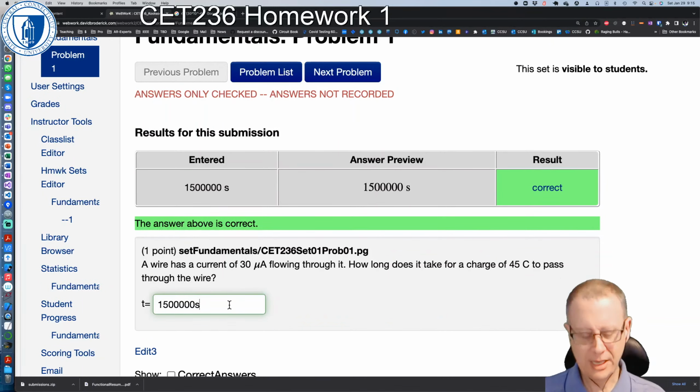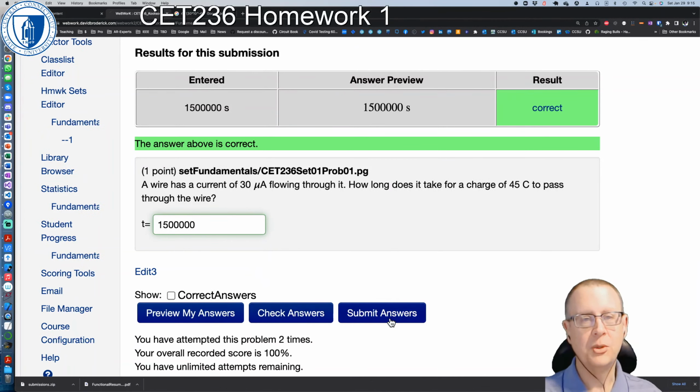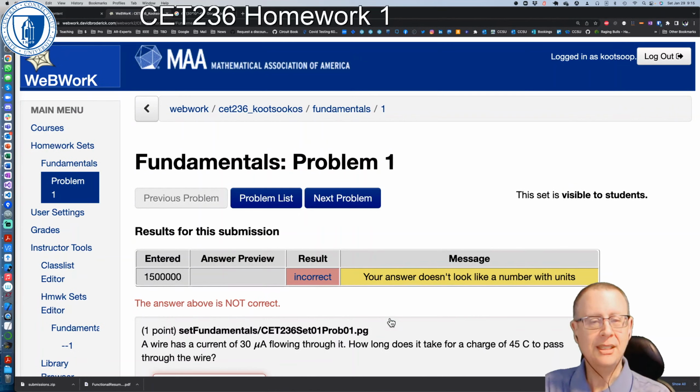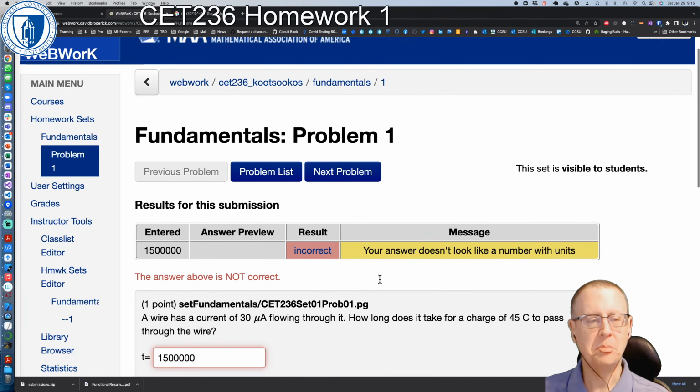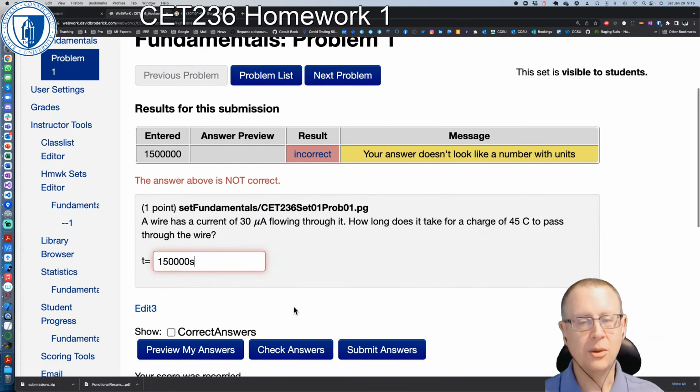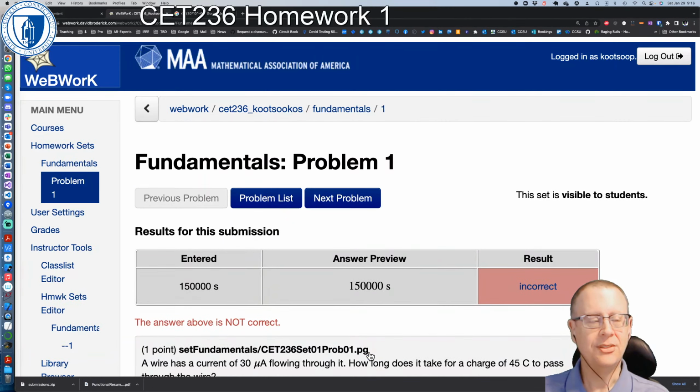All right, let's just see what happens if I don't have the units. It's going to say incorrect, and your answer doesn't look like a number with units. And if I give the right units but the wrong number, it's just going to say incorrect.